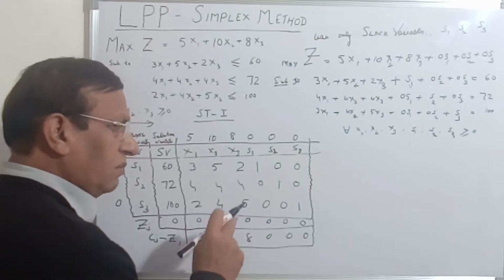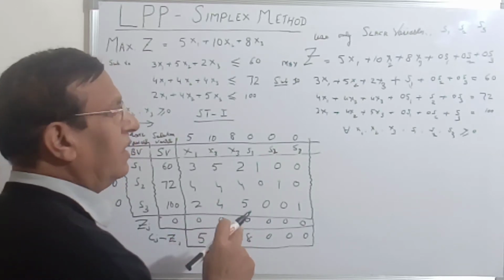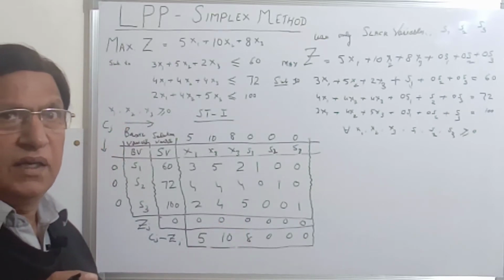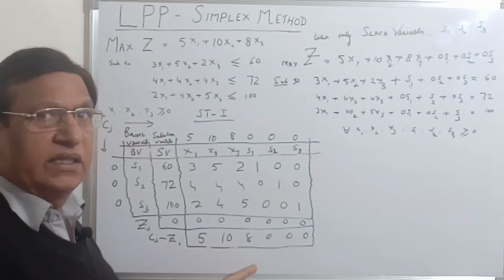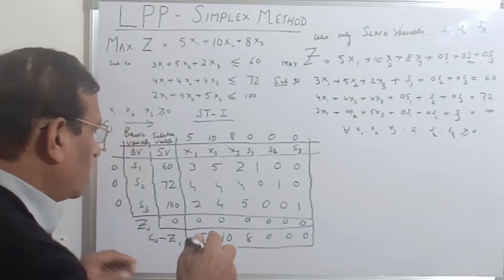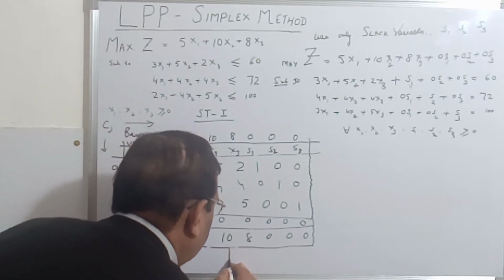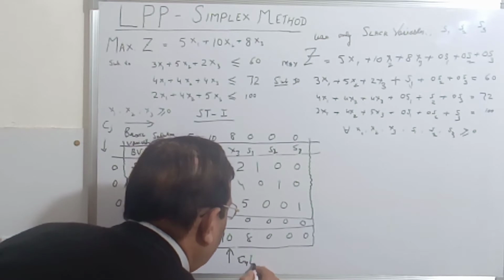The maximum value of Cj minus Zj will decide the entering variable. Let me repeat: the maximum value of Cj minus Zj will decide the entering variable. The maximum value is 10, so this 10 is the entering variable.